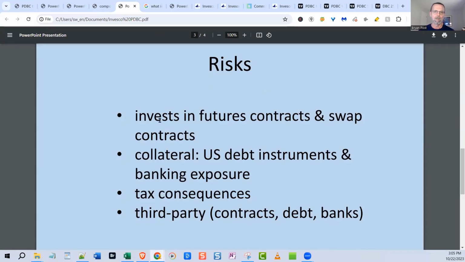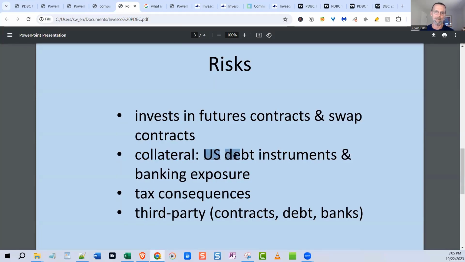Risks. This particular ETF is invested in futures contracts and swap contracts. So in my opinion, very high risk, both of these high risk strategies. And then for collateral, because they are investing in these vehicles, they are required by the regulatory agency to hold collateral against their positions in these markets.